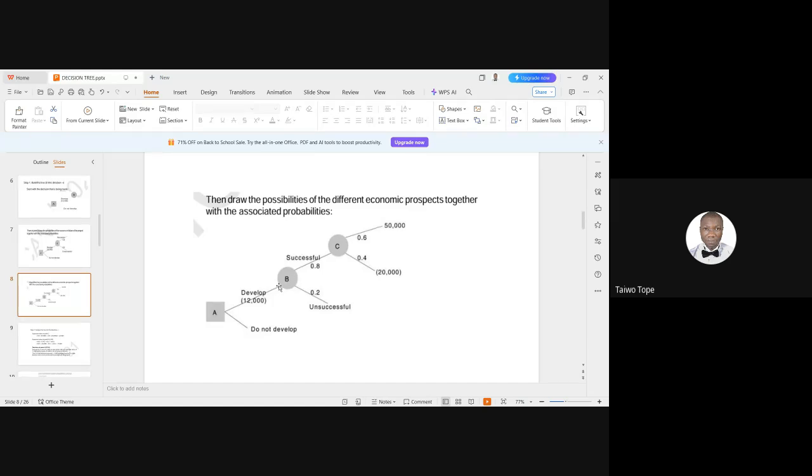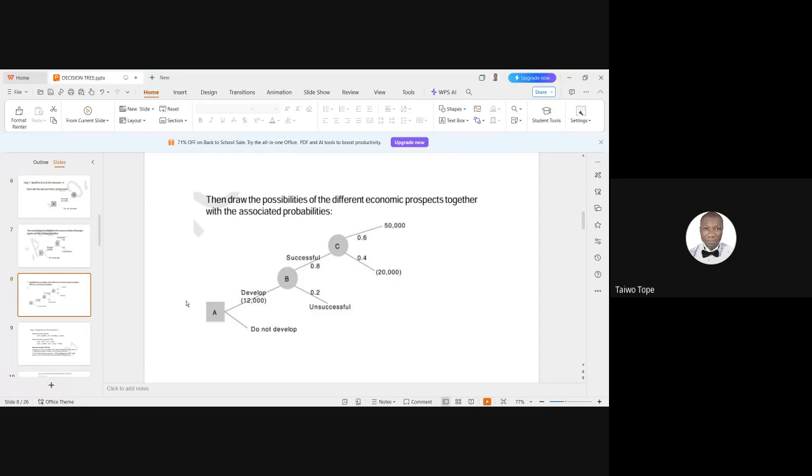17,600 minus the cost incurred, 12,000, will give you what? 5,600. So the question now is, is it worthwhile to develop the project or not?